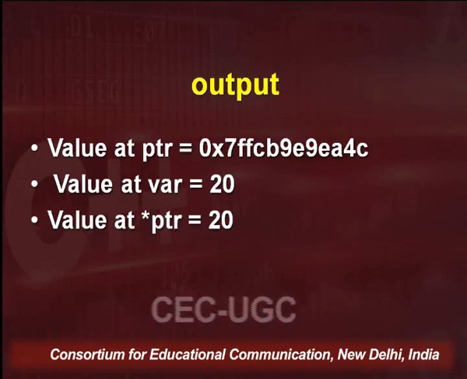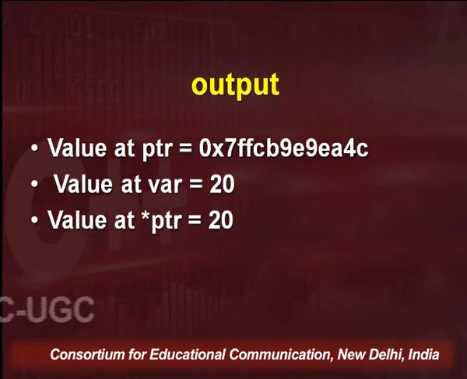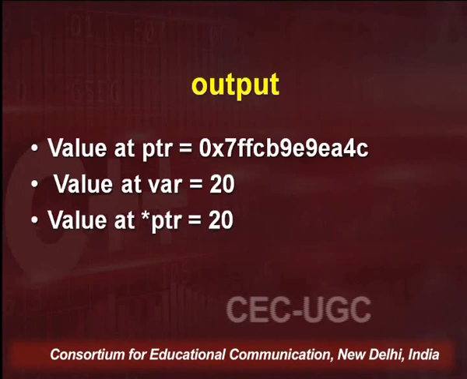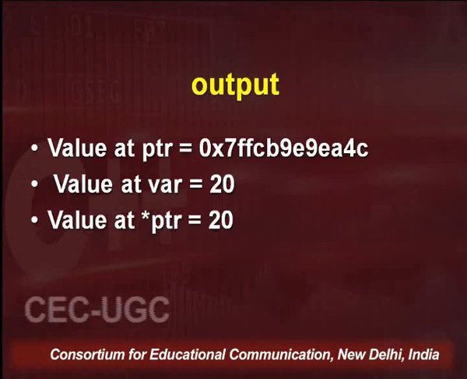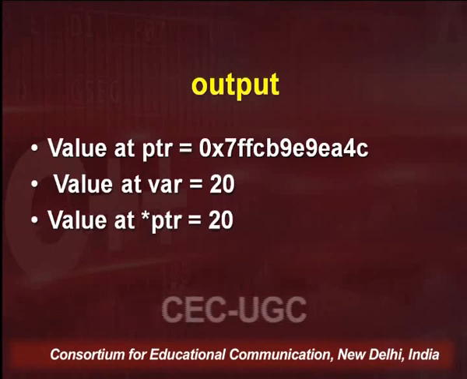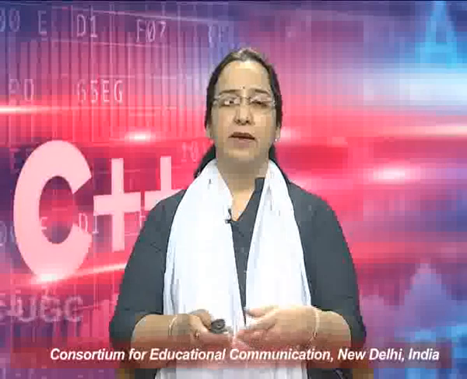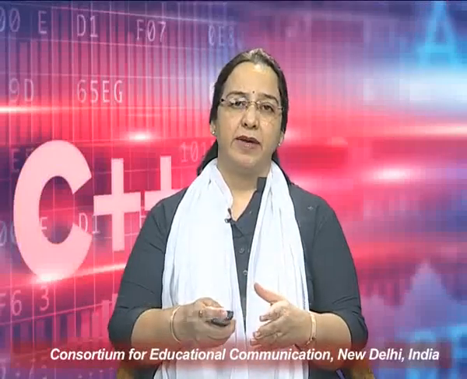You will not find a similar address value. So the value of ptr is some address on which var is stored. The value of var is 20, and the value at *ptr, that means the value at that address 0x7ffc, whatever the address is, is also 20. So here is the basic idea of pointer variables.